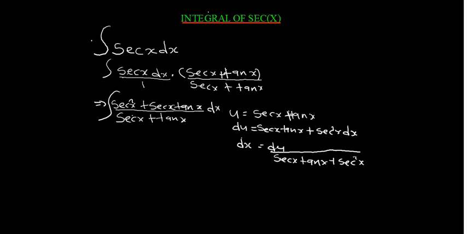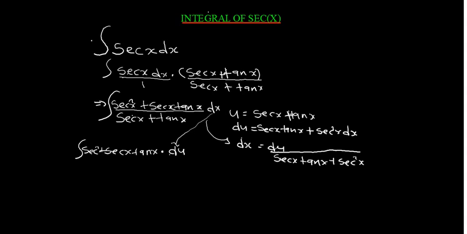So once we put that there, it will be the integral of sec squared plus sec x tan x, then there's a times there, so we put dx. We just substitute this for our dx, so it will be du.